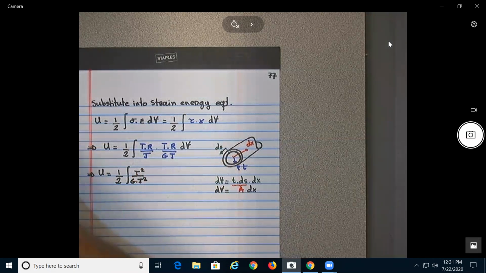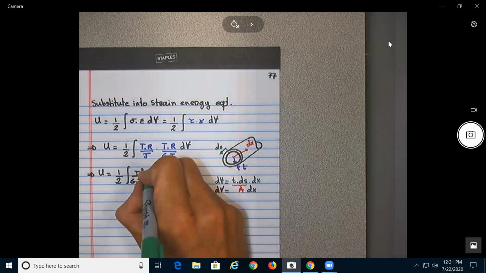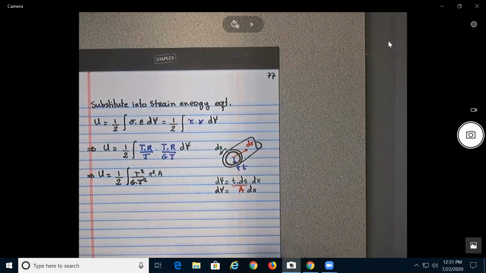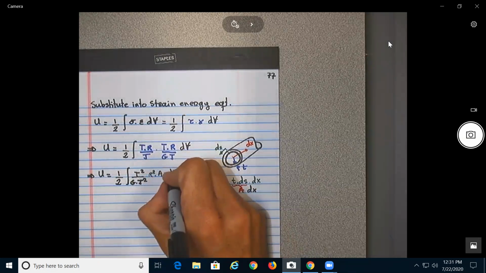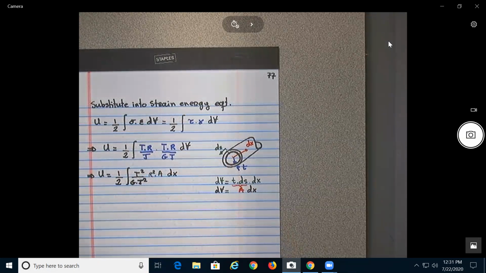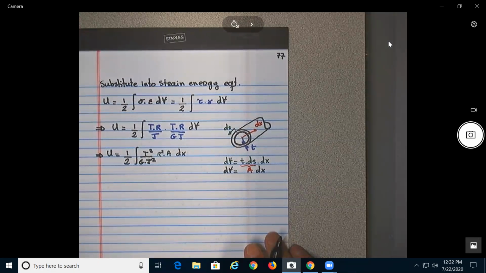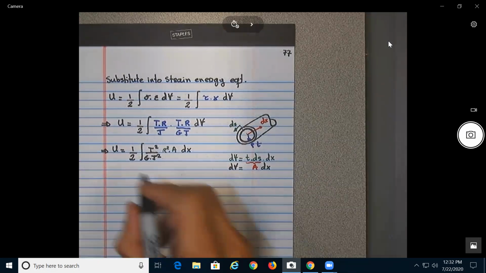But now I'm going to write over here the top one as R squared A dx. Okay, same as before.